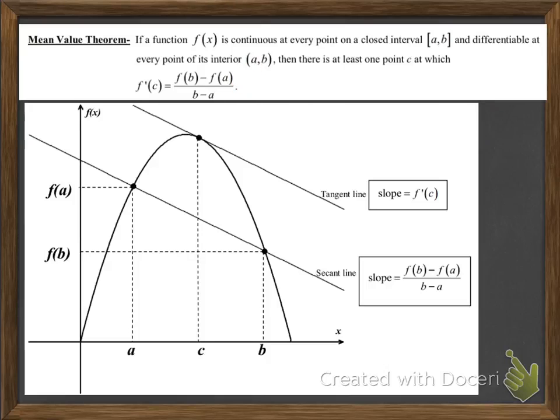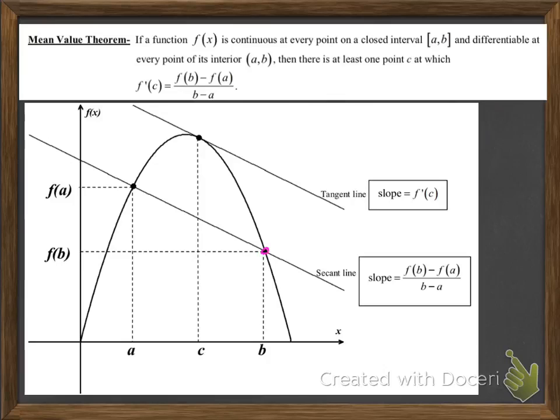All right, so let's look at this graph down here. We have two values. We have A and B. And if you follow A up to the function, the y value is represented as f of A. And for the x value of B, followed up to the function, the y value is f of B. Now, we have 2 points on this graph.